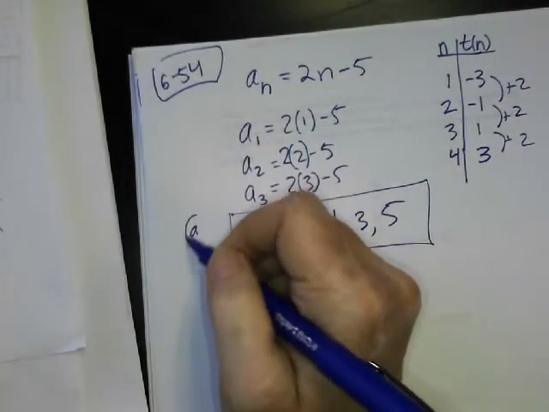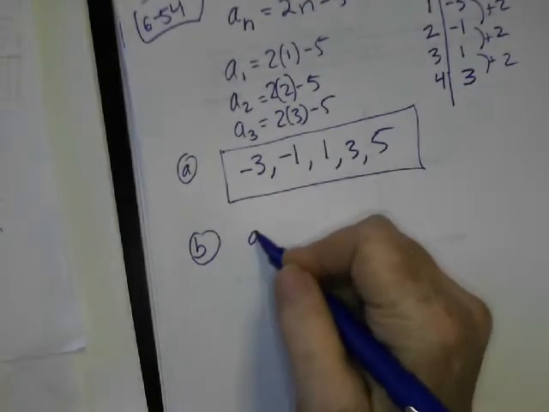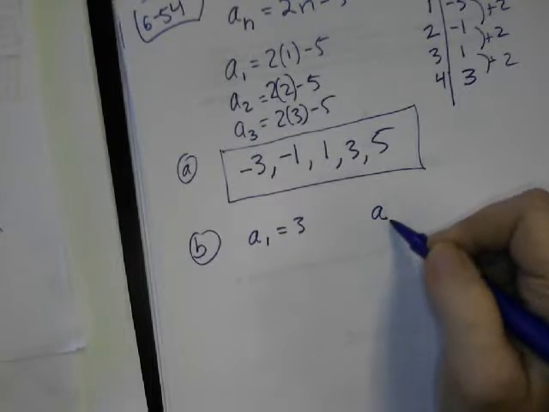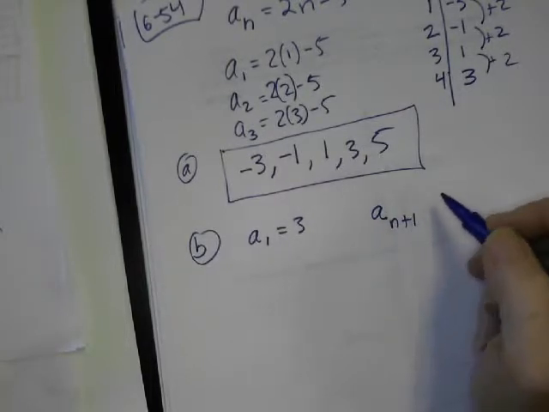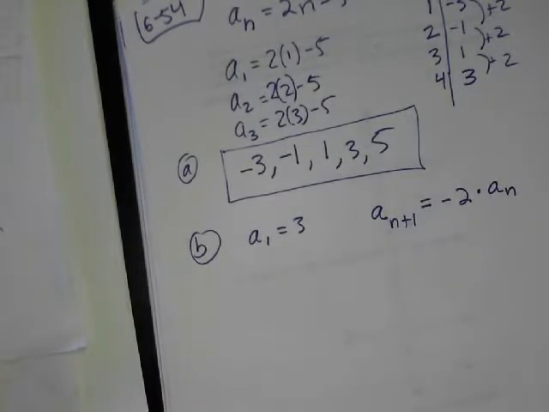So let's do B. It says a of 1 equals 3, a of n plus 1 equals -2 times a of n. Oh boy. So we have a recursive, they call that recursive.